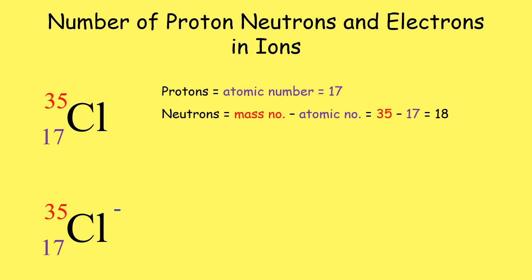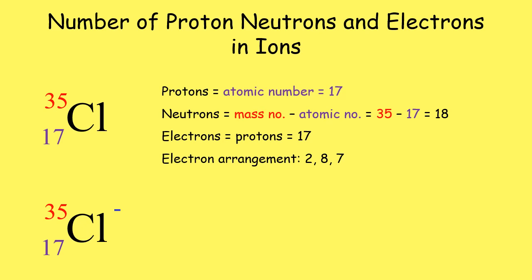And chlorine, because there's no charge written in the top right-hand corner, we know it's an atom. And if it's an atom, electrons equals protons, so that is 17. And our electron arrangement is 2, 8, 7. When chlorine forms an ion, it is a non-metal, so it forms a negative ion, and it's got a minus charge. There's no number written there, that means that it's -1.